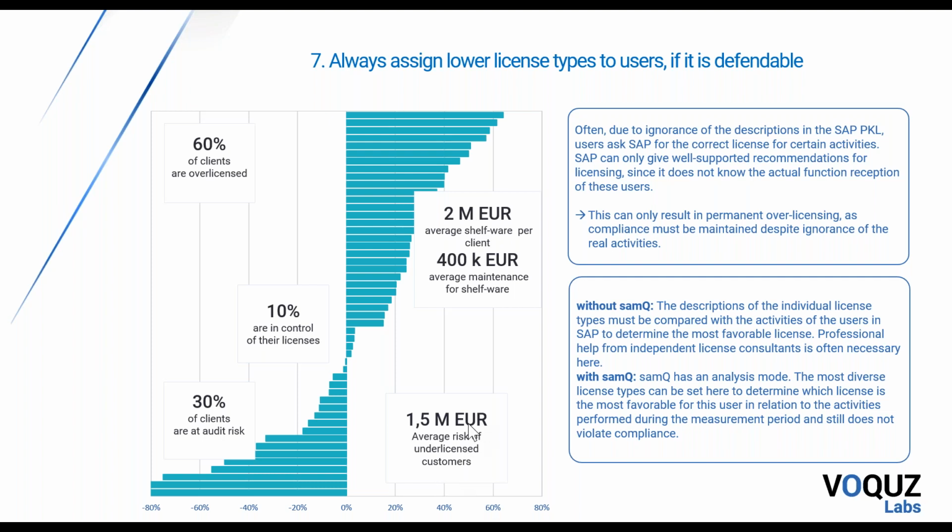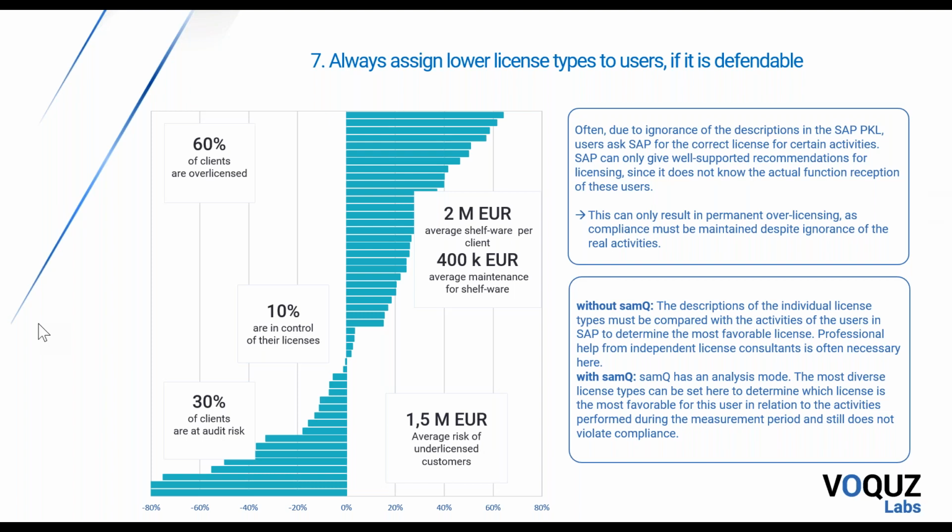And many of them also had a risk of under licensing, today very often caused by digital access, but also by users, engines, whatever. Clients have so many different products that it's really difficult to stay in control of this situation, especially when you don't use tools.